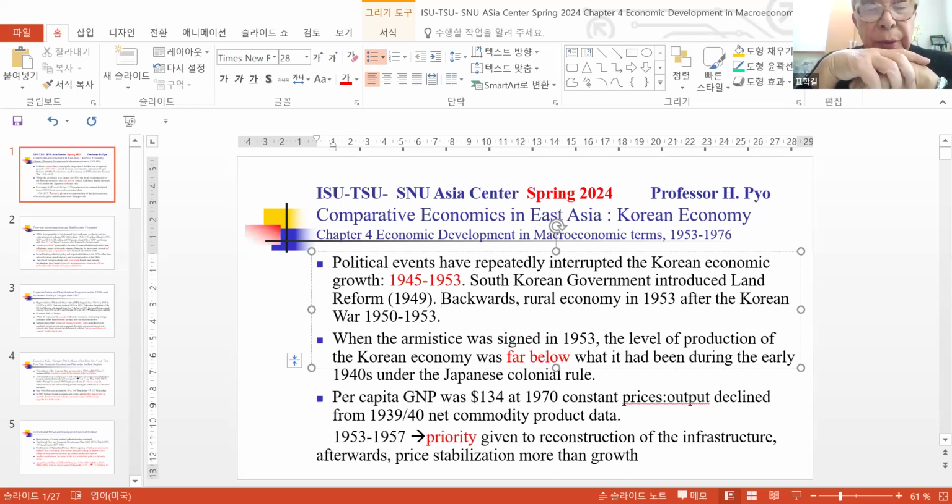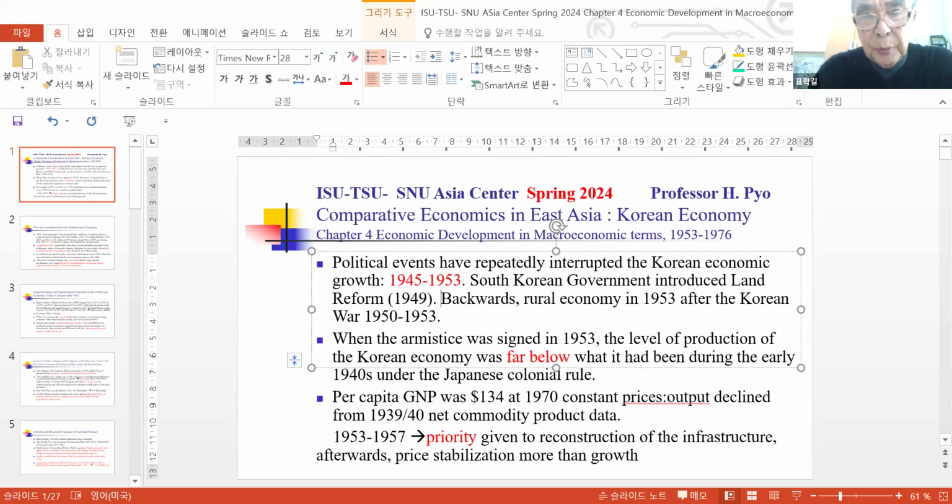In other words, the Korean economy, particularly the South Korean economy, had deteriorated and backpedaled. Instead of making progress, it was retarded. Rather than forward progress, there was backward progress.